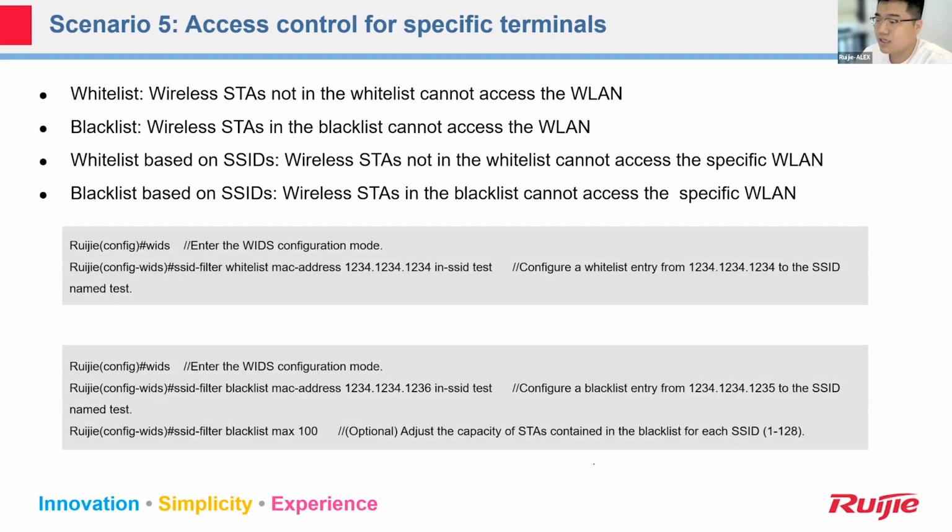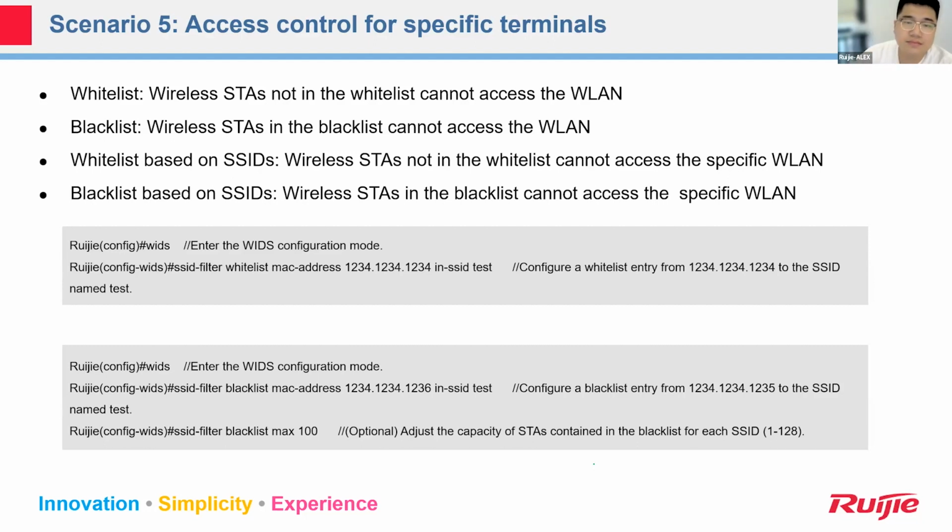In other words, if you are in the whitelist, you are allowed to access, but if you are not in the whitelist, you are not allowed to access the WLAN. The blacklist is similar. STAs in the blacklist are not allowed, but STAs not in the blacklist are allowed to access.